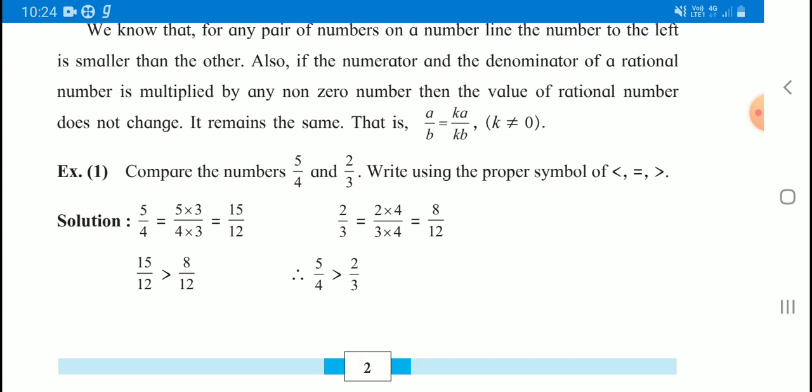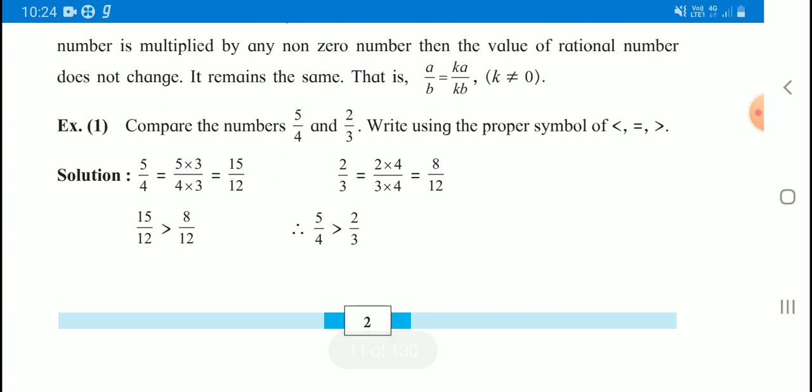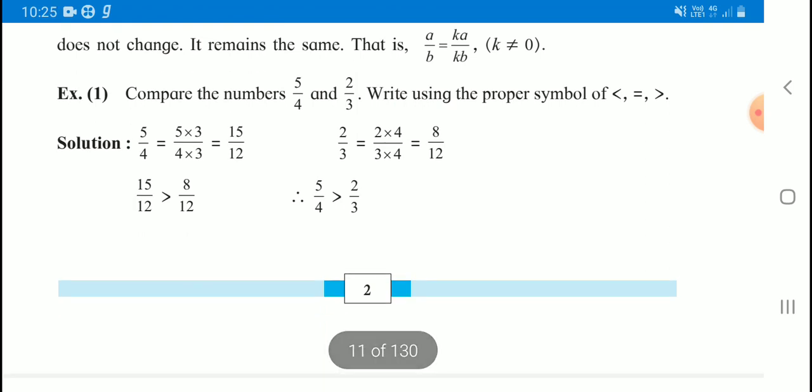Here one condition is there, k is not equal to 0. If you see a upon b is equal to ka upon kb, then k is the same here, so it will cancel. So a upon b is equal to a upon b. It means if we multiply or divide both the numerator and denominator by the same value, then the rational number does not change, it will remain as it is. Now they have given one example here.